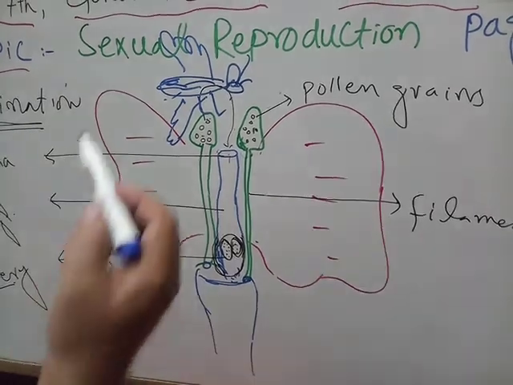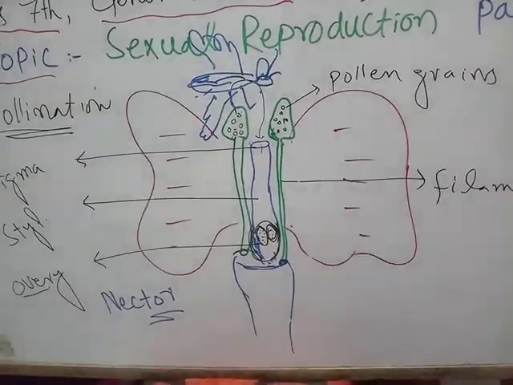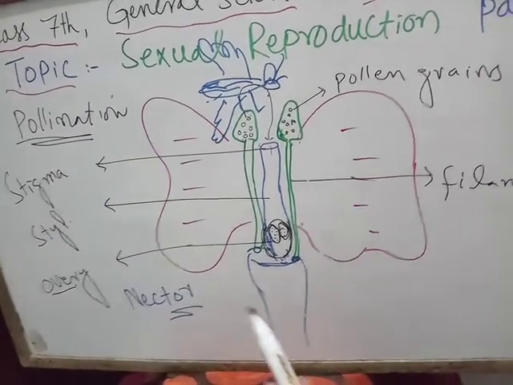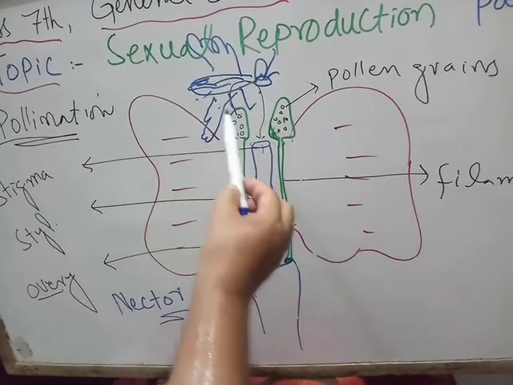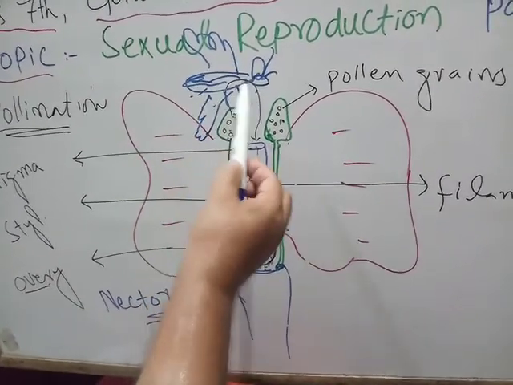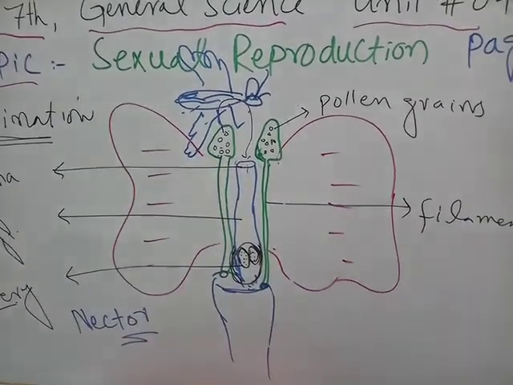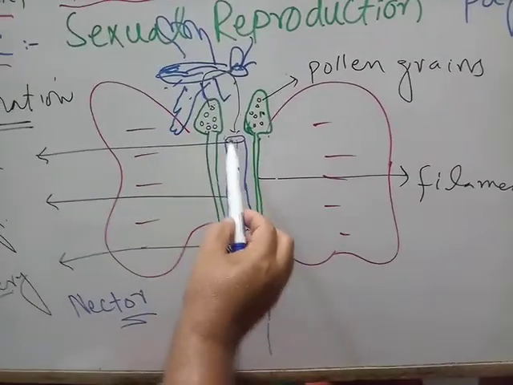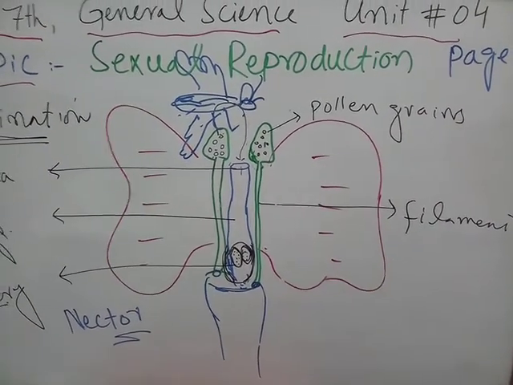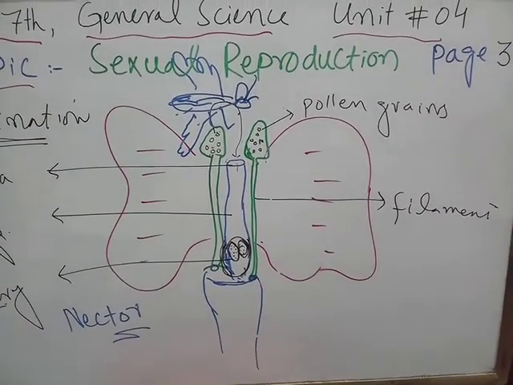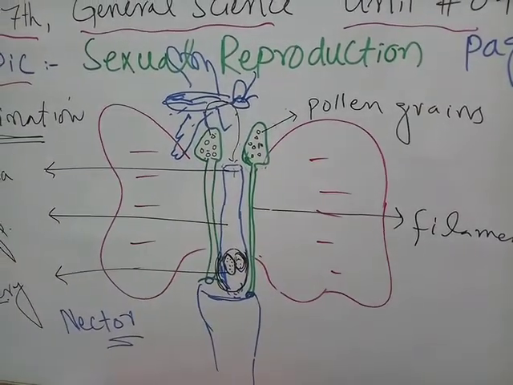And when this insect, which may be a fly, butterfly, dragonfly, bee or some other insect, touches the stigma of the same flower or of another flower with a part of its body that has pollen grains attached, the pollen grain gets transferred to the female part.